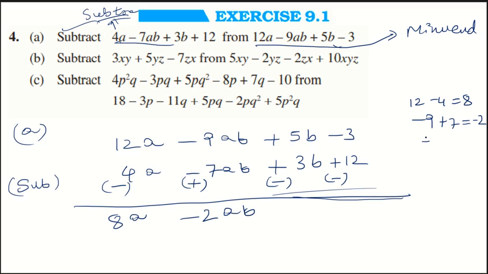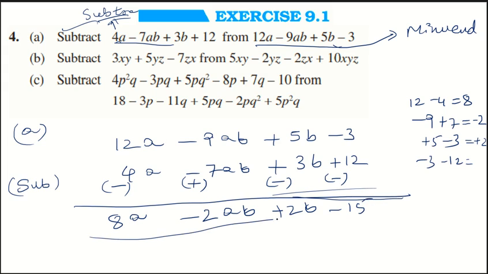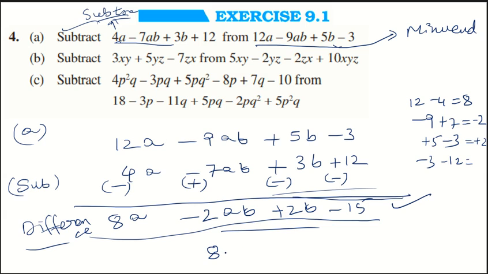This is plus 5 minus 3, which becomes plus 2b, and minus 3 minus 12 is minus 15. This is the difference. So, we have the difference as 8a minus 2ab plus 2b and minus 15 is the answer.